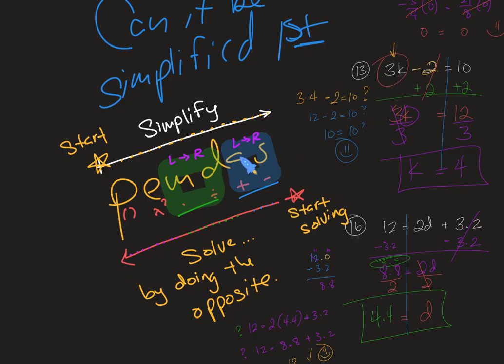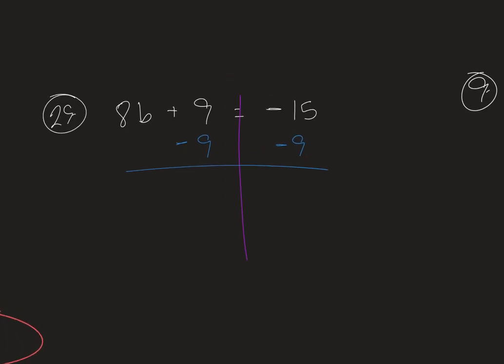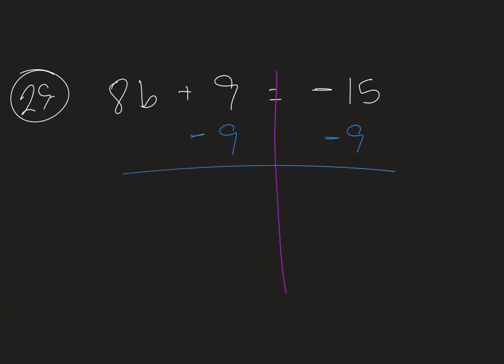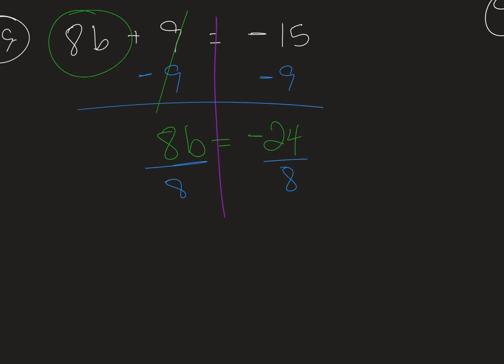And if you were to start solving, you often begin with adding and subtracting, which is what we did here. We can subtract that 9. And what happens is the 9's cancel, leaving us with 8b equals negative 24. We can divide by 8. Why divide? Because 8 is multiplying b, and you get that b equals negative 3.